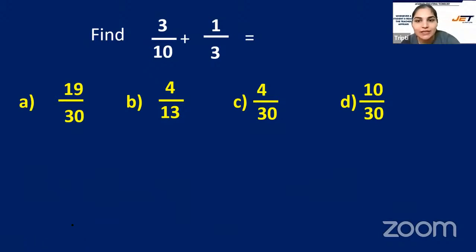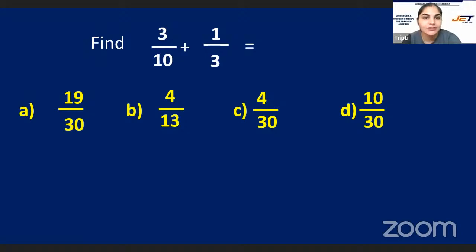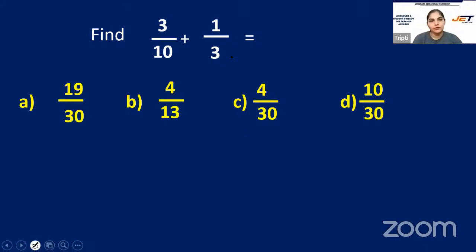Next one, 3 by 10 plus 1 by 3. You can just make the other fraction similar to the other fraction's denominator. You can just multiply this by 10. That would also work.